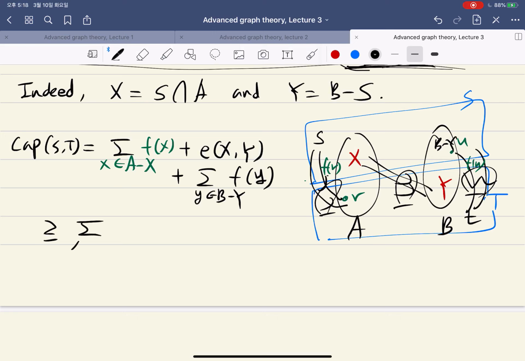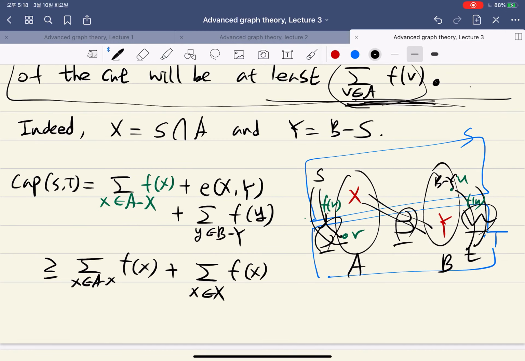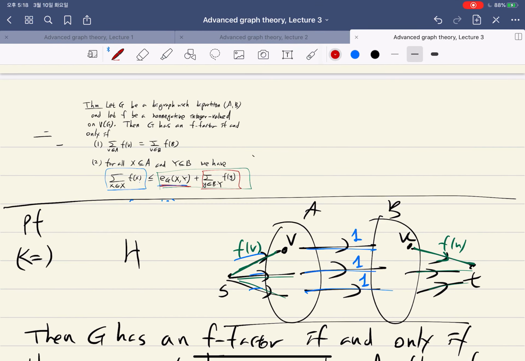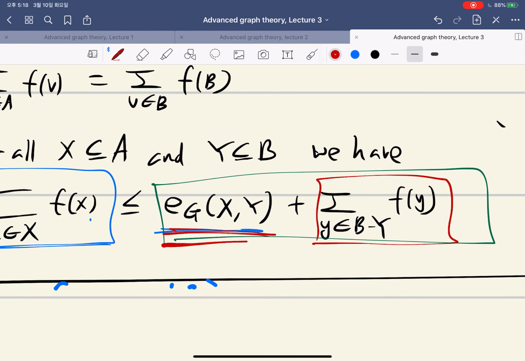This is the summation of f value on x in A minus X, and summation of all x value where x is in X. Because this term is familiar with this term.